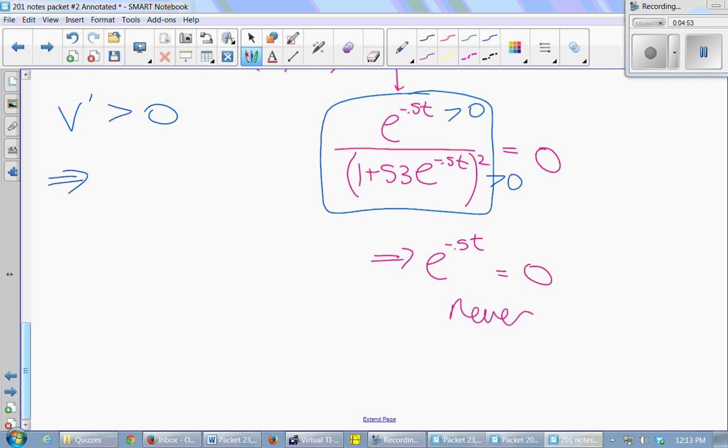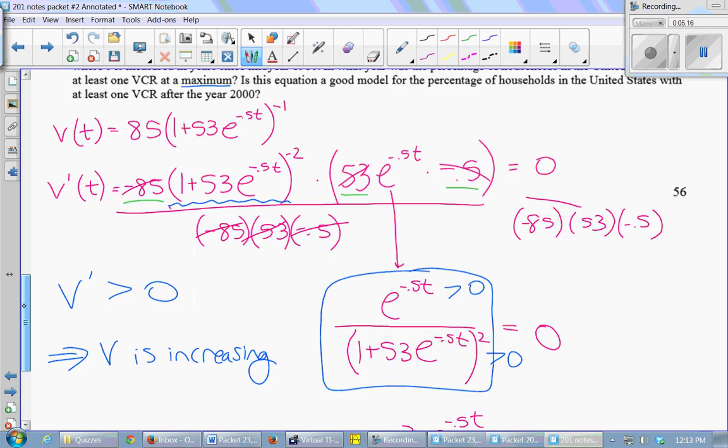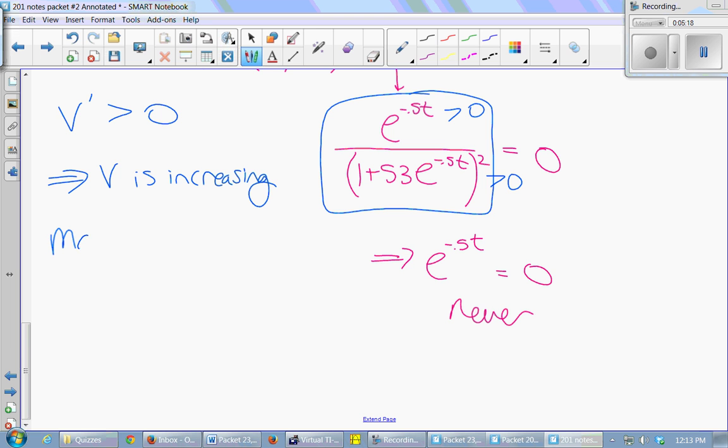And when V prime is always positive, that means that V is always increasing. So it must be that the maximum number of VCRs would have to be at the end point on the right because the function's always increasing from left to right. So the maximum is at t equals 20, or the year 2000.